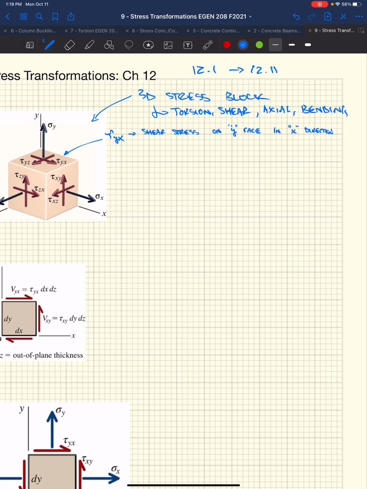And as I mentioned, these normal stresses, sigma x, are normal stress on the x-axis.